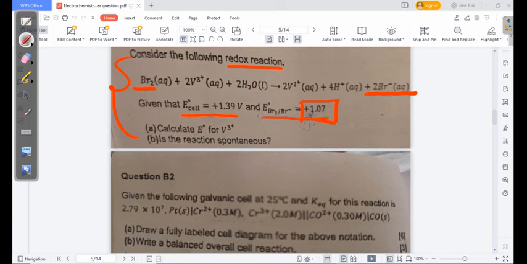It's being reduced. Okay, interesting. Then do you think this one is being reduced or oxidized?